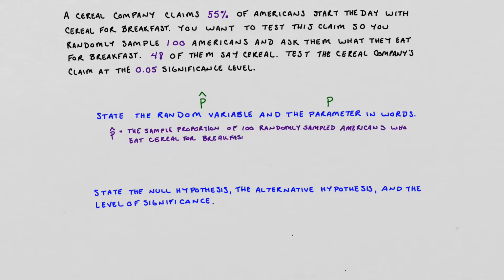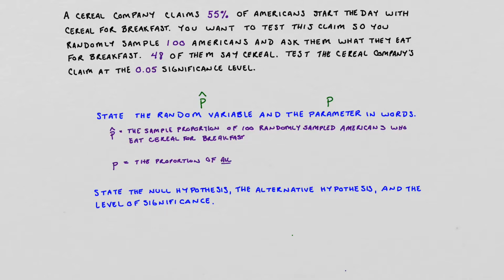Once you have your description for your random variable down, you pretty much get to recycle the phrasing for your parameter. So for your parameter, we're really just going to say that this is the proportion of all.